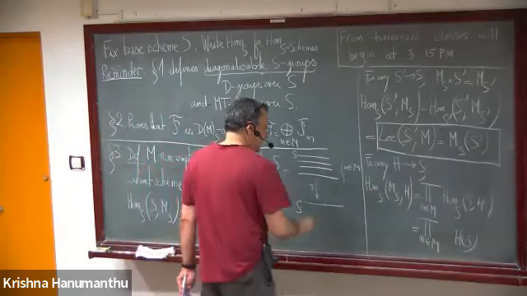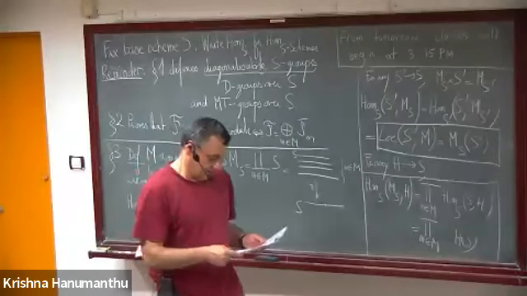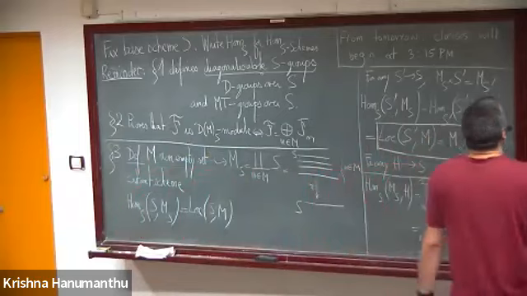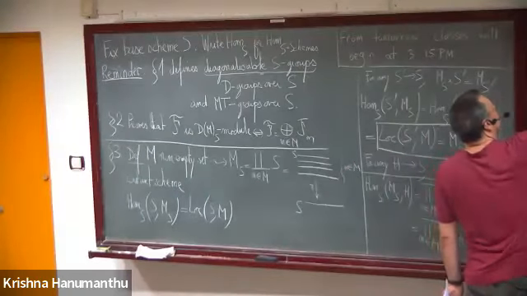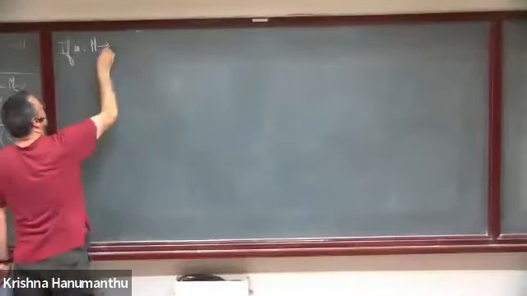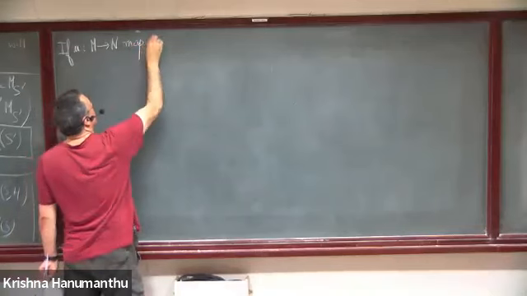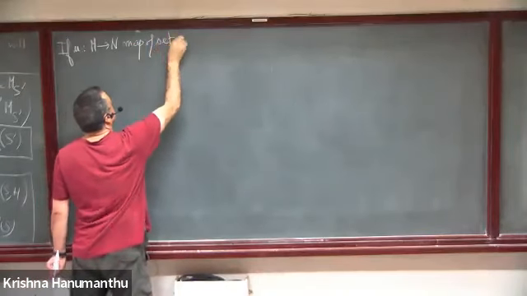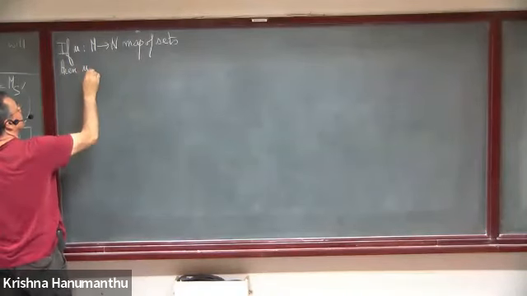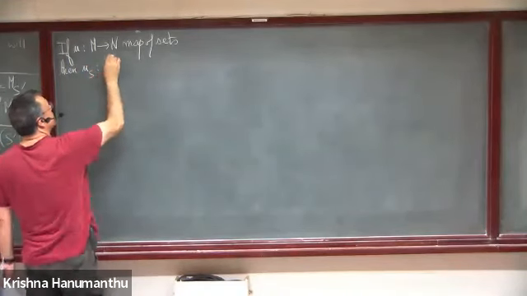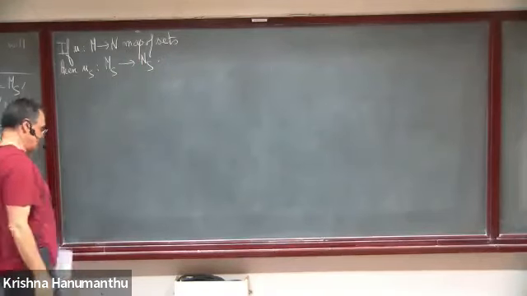Okay, so we have this second formula here. And this is all functorial. That is, if u from M to N is a map of sets, then of course we get a map from M_S to N_S.